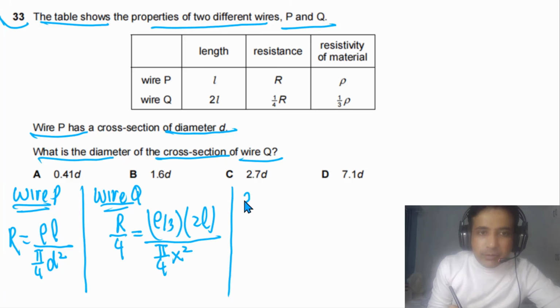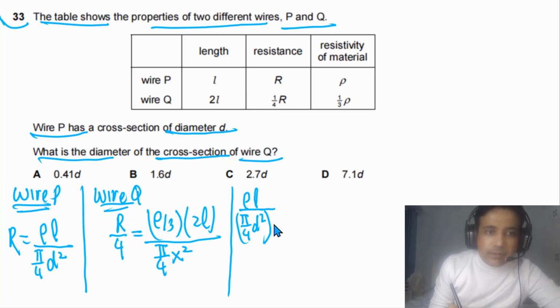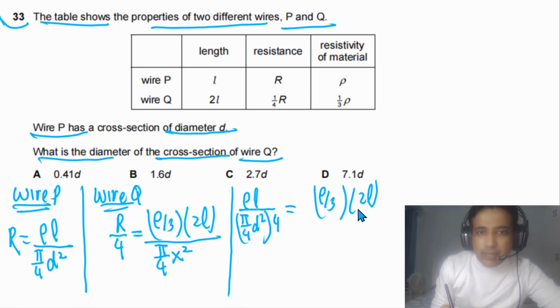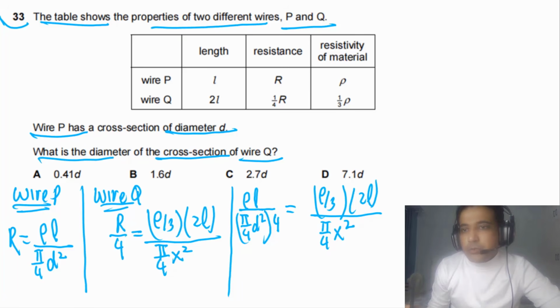So R is equal to rho L by pi by 4 d square, times 1 by 4, means we have 4 here, so this 4 is coming here, and this is equal to rho by 3 times 2L divided by pi by 4 times x square. Simply we are just replacing this R with this value. Now we need to cancel.